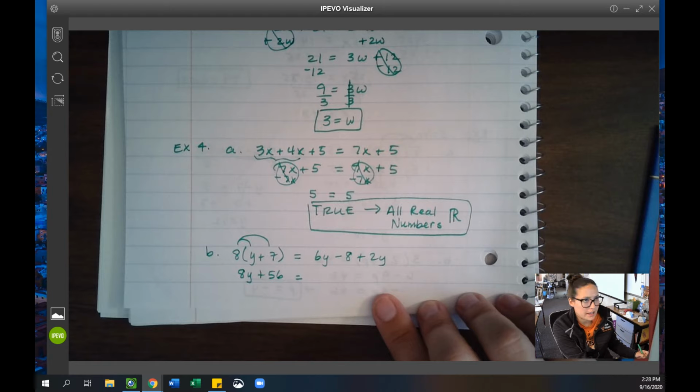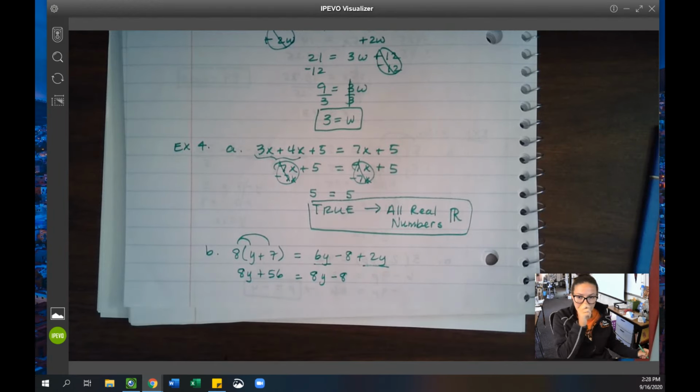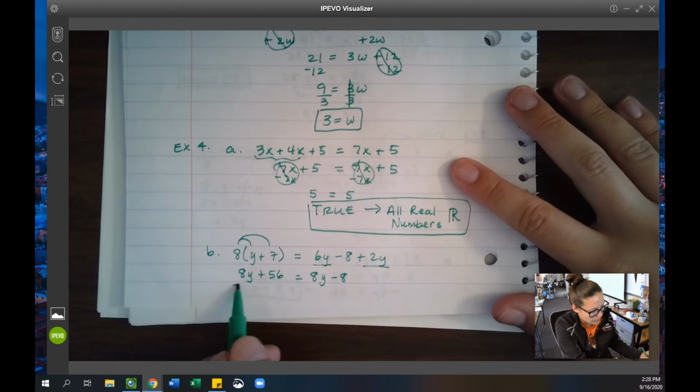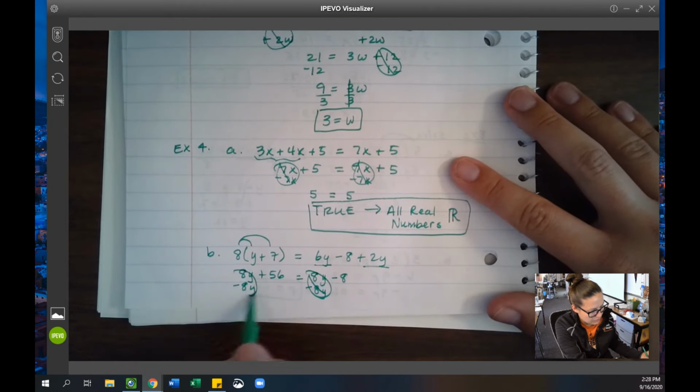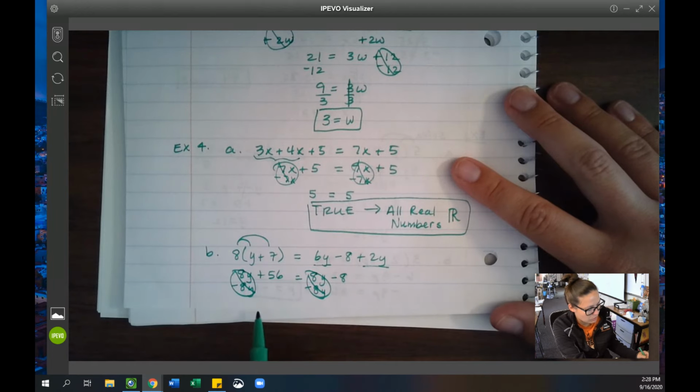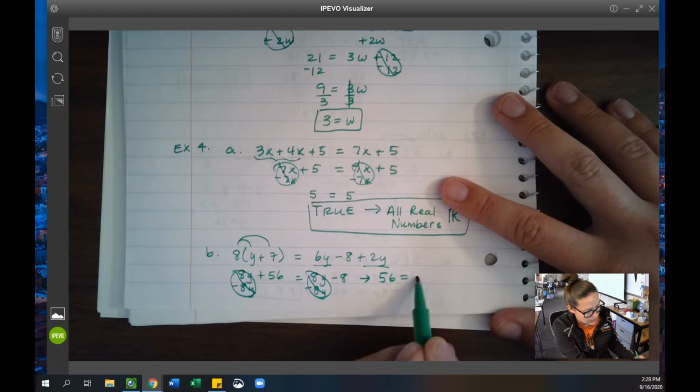What can I do on the right? I can combine like terms. 6y and 2y is 8y. Now the same thing as before. I'm going to subtract 8y from both sides, and we're going to find that all the y's go away. And I'm left with 56 equals negative 8.